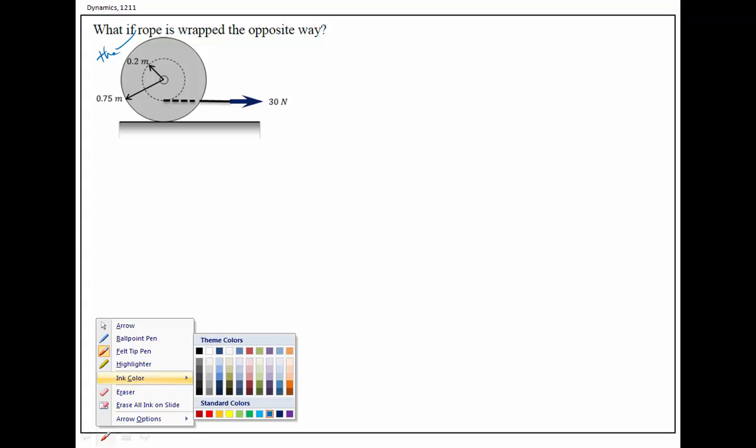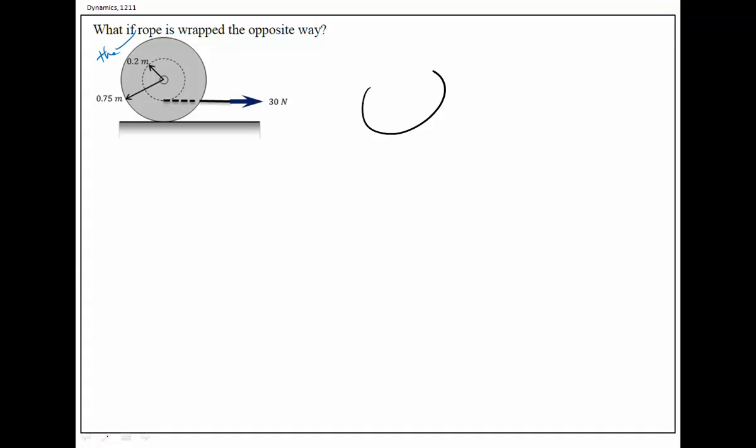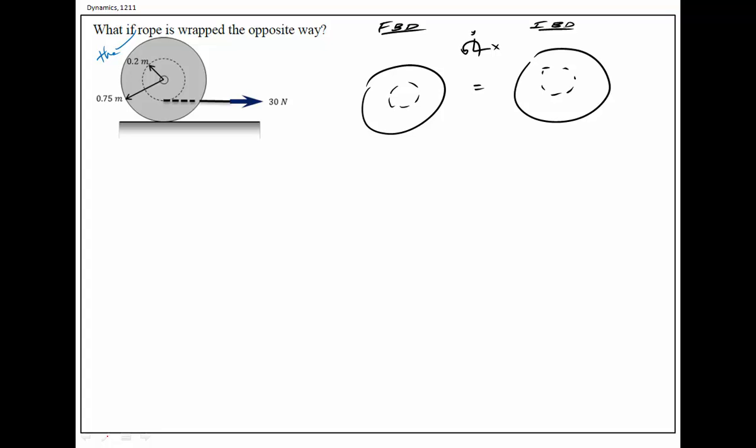Well, we're going to have to start from scratch, or maybe not entirely from scratch, but we will definitely have to draw another free body diagram and an inertial diagram. So the free body diagram and the inertial diagram, there's our x and y, and there's positive here.